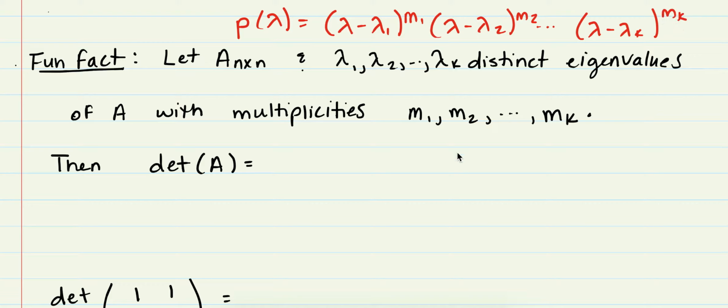If you have this characteristic polynomial, you can find the determinant of your matrix. The determinant of the matrix is equal to the product of the eigenvalues raised to their multiplicities. So it's equal to lambda 1 to the m1 times lambda 2 to the m2, all the way to lambda k to the mk.